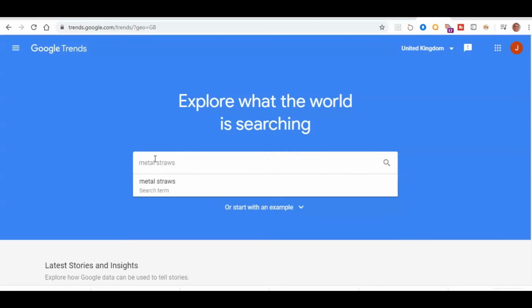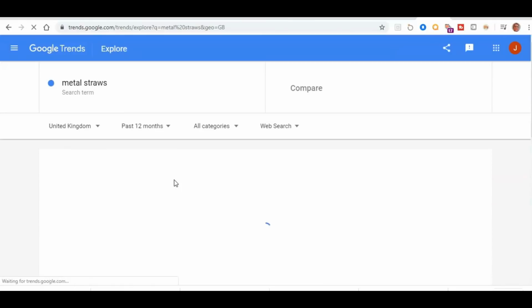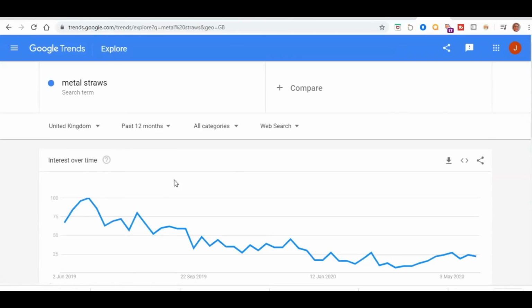So we're doing this because we just want to have an idea of whether this product is actually trending or not. So in the UK, over the past 12 months, we can see that a year ago it was actually quite high, but it has gradually declined. It kind of hit rock bottom here. It has been a little bit variable.